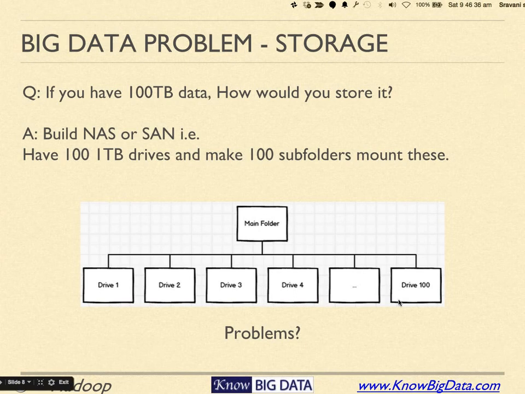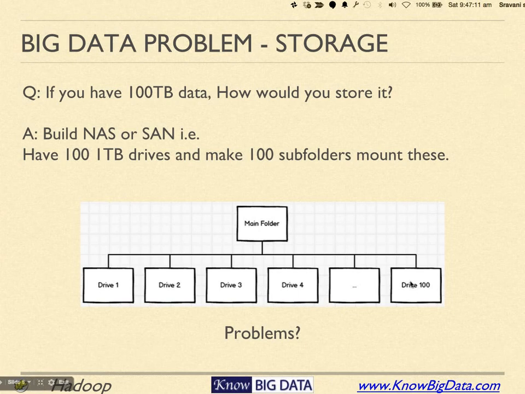Now this is a classic way of doing it. You buy 100 hard disks, place them in multiple computers, connect these computers in the network, and map these hard disks onto one particular computer's folders, or multiple computers' folders, and then inform everybody to access any of these computers to access this hard disk.